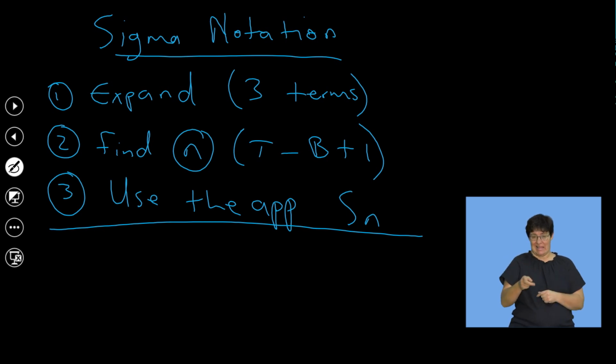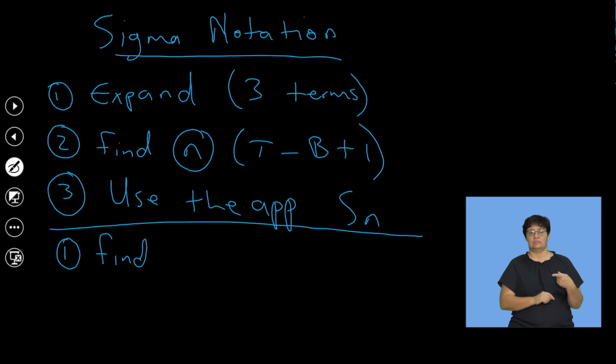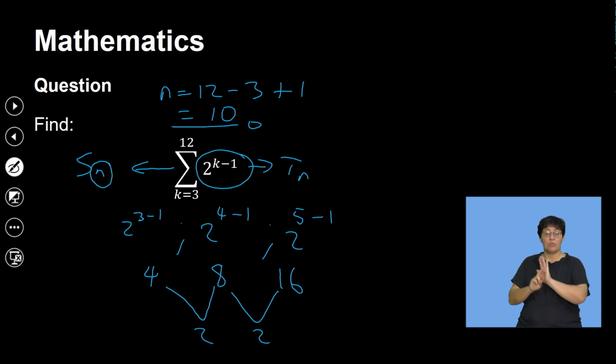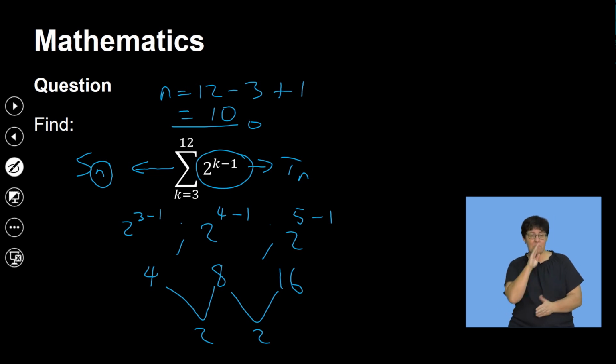But instead of expanding, your first step will be to find Tn, which is the general term. So if you look at all the questions I've given you, this here represents Tn of a geometric series. So you need to make sure that that's the first thing that you find.